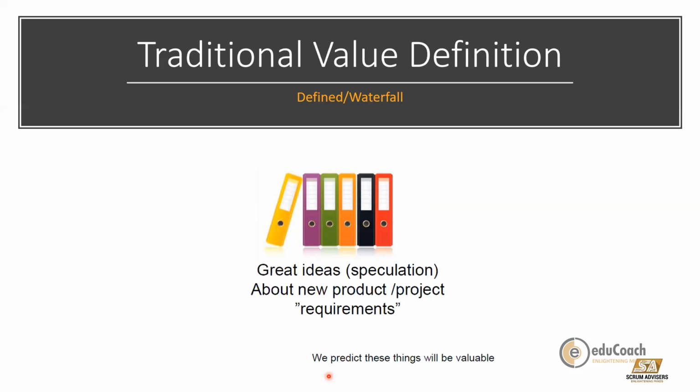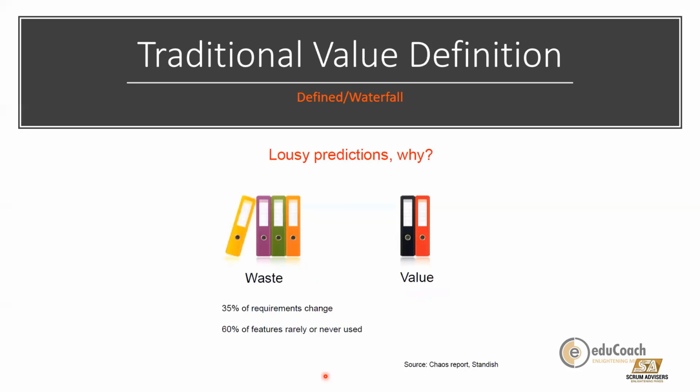And that's what was found by the chaos report, that the predictions are lousy, because what we are predicting now is rarely used. 60% of features are rarely or never used. 35% of requirements or the scope of the project change during the duration of the project. So everything is changing, right?